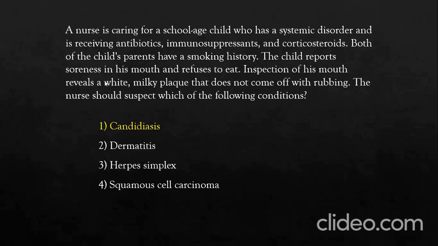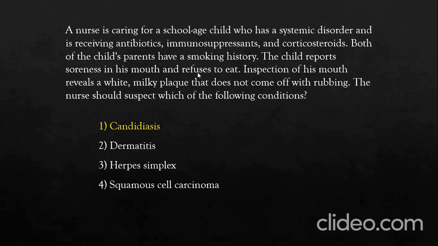Thrush is what kind of infection? Bacteria. Opportunistic. I'm sorry, it's a fungal. It's a fungus. Candidiasis is a fungus. Oral thrush is a fungal infection. It's the same as a vaginal yeast infection. It is caused by candidiasis.